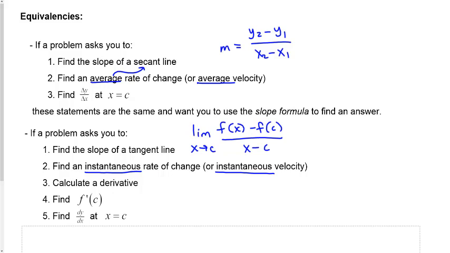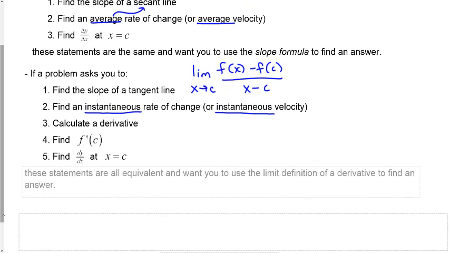All of these are equivalent, and they want you to use the limit definition of a derivative to find the answer. Probably won't run into it much in this class, but if you're taking an economics course and you're doing anything marginally, so if you need to find the marginal cost, something like that, marginals are also derivatives of things. So just bonus material there for you.